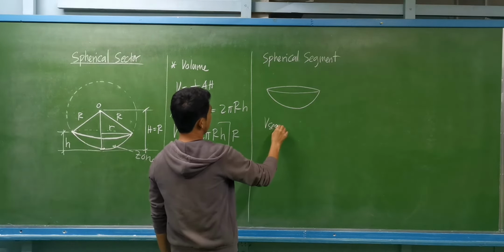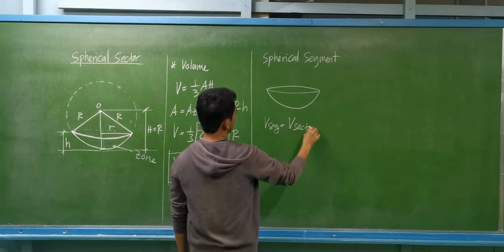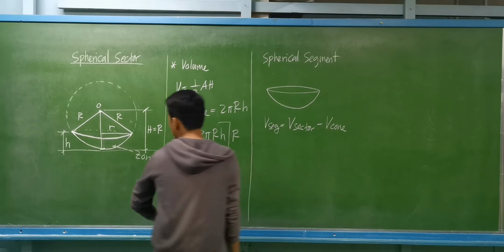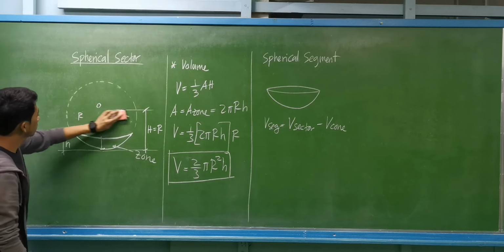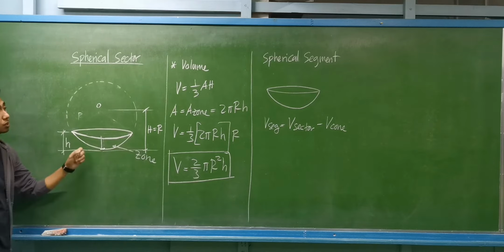The volume of a spherical segment is basically equal to the volume of the spherical sector minus the volume of the cone. If you imagine removing this cone, the remaining will be the spherical segment.